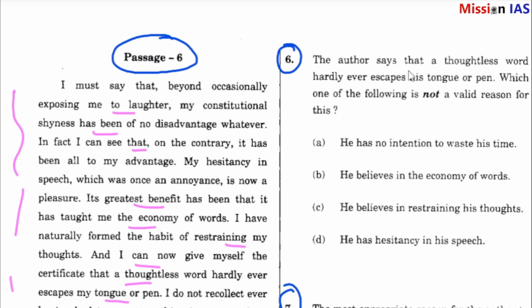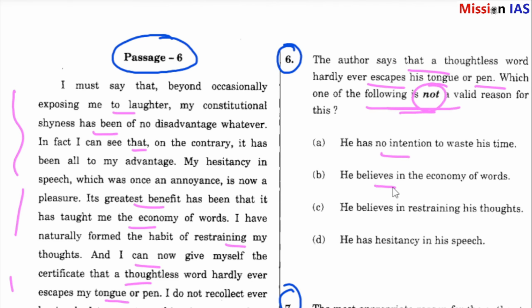The author says that a thoughtless word hardly ever escapes his tongue or pen. Which one of the following is not a valid reason for this? Not a valid reason. This type of phrase you need to read very carefully. A: He has no intention to waste his time.